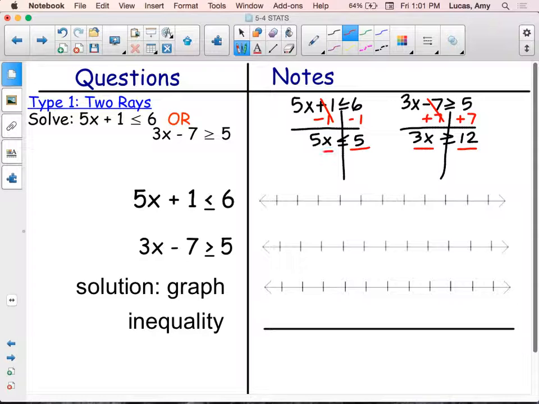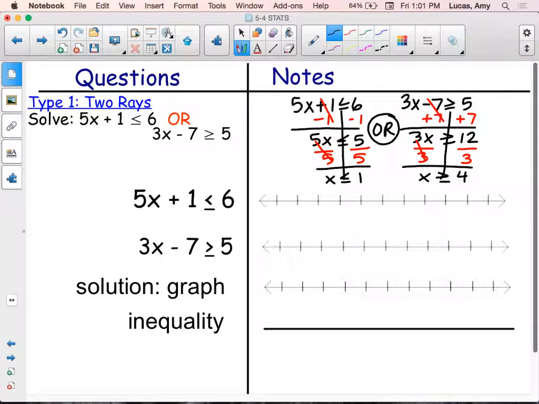The first thing I did was add or subtract, and then the second thing on both is dividing. So x is less than or equal to 1, or x is greater than or equal to 4.